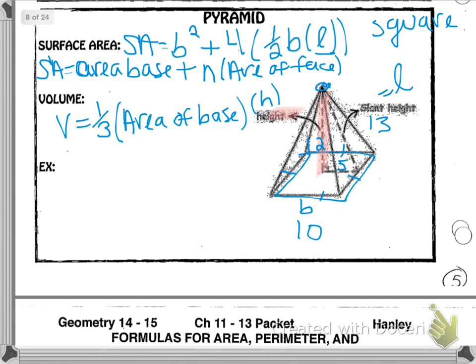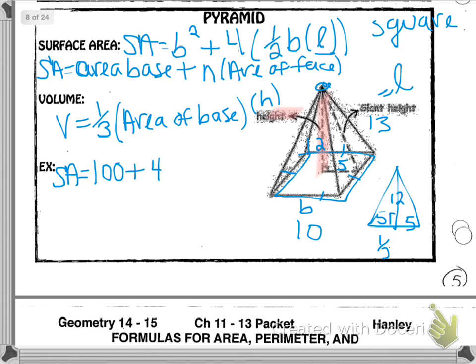So calculating the surface area, we would have the area of our base, which is 10 by 10, so 100, plus, and then since all of our triangles are the same, we have to find the area for a triangle that has each piece is 5, and your height is 12.